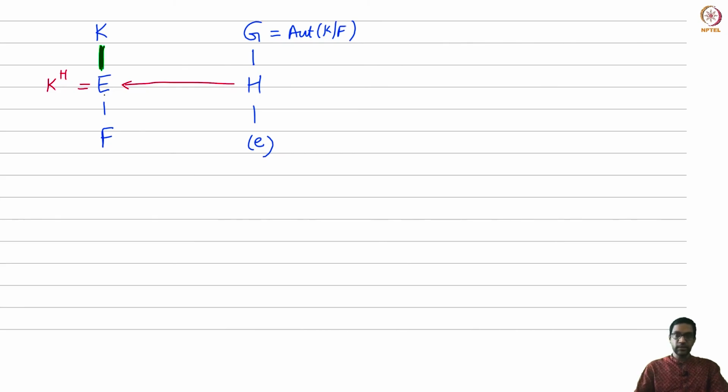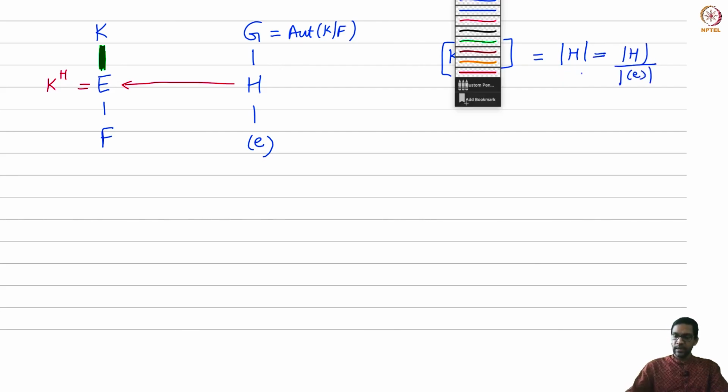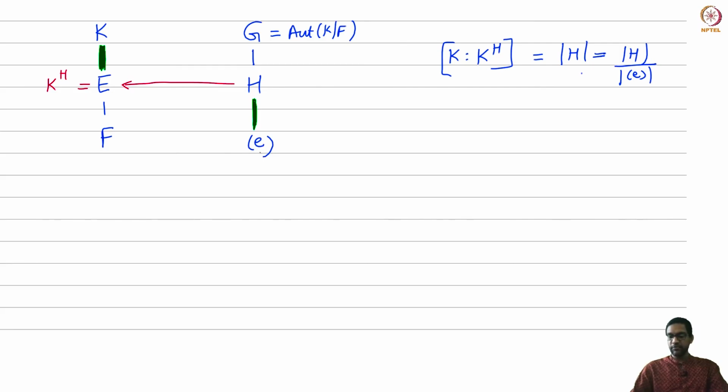If H and E correspond to each other, then the degree of the extension from K to KE is just the cardinality of H. Recall, this is also Artin's theorem if you wish: the degree of the extension KH is exactly the cardinality of H. Just for symmetry again, think of the cardinality of H as the cardinality of H divided by the cardinality of the identity. So that's like the index of the identity in the subgroup H. Further, what about the other guy?